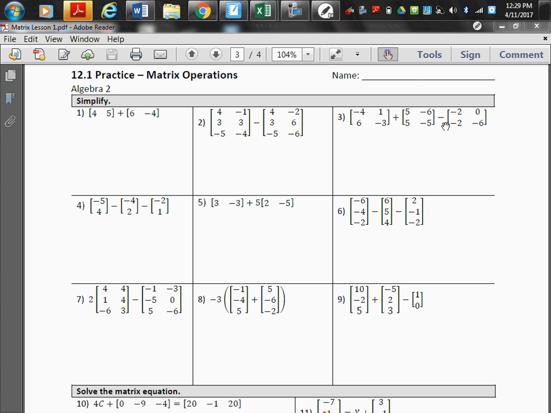This one is a 2 by 1, 2 by 1, 2 by 1. So their name is 2, middle by, last is 1. 2 by 1. They have to have the exact same name to be able to add or subtract. That was 1 by 2. Rows, then columns. Always rows, then columns.